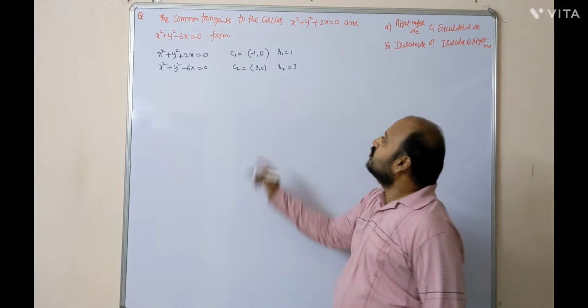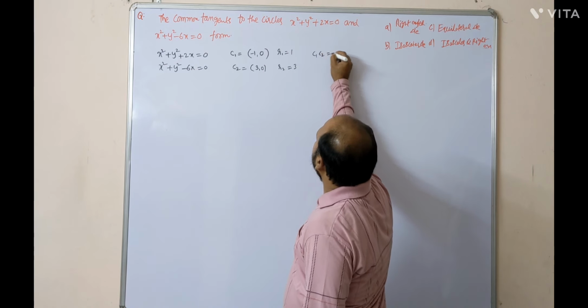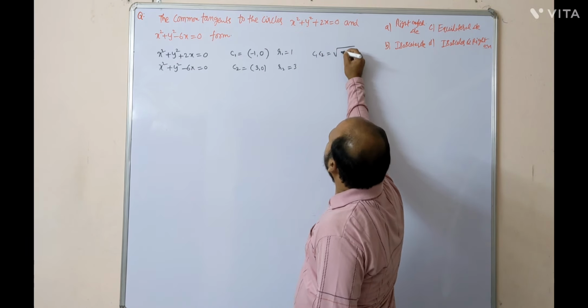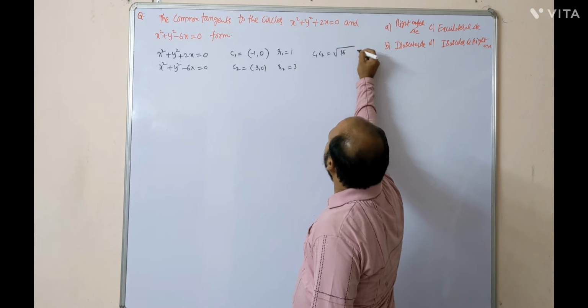By observing, C1C2 equals root over 16, that is equal to 4. R1 + R2 is also 4. So the circles touch each other externally. The figure will come like this, dear students. This is the first circle, radius 1, touching the other externally.